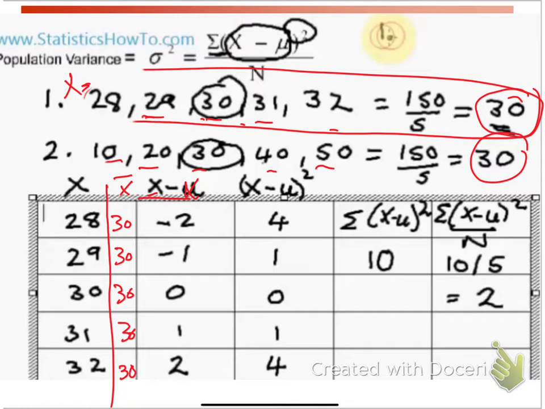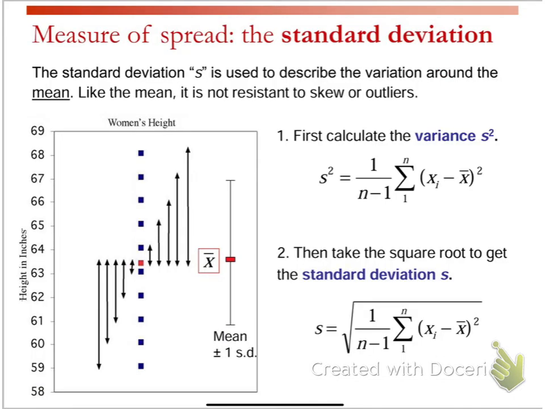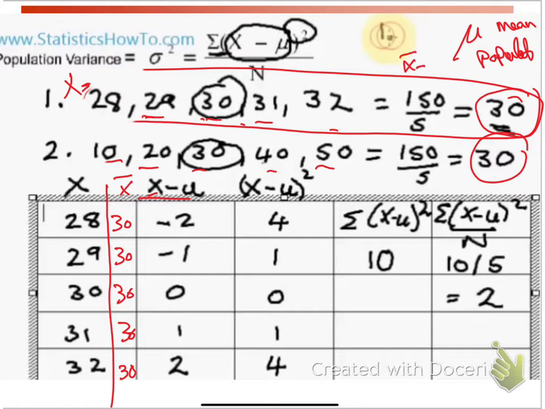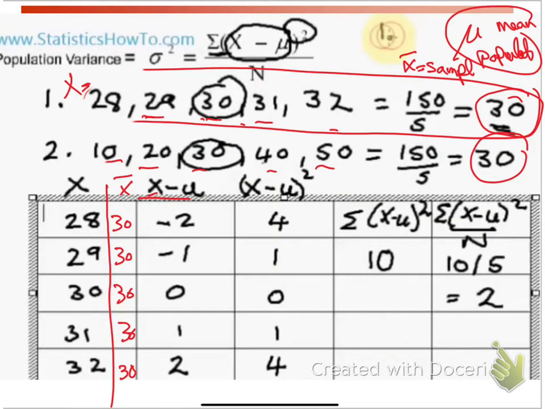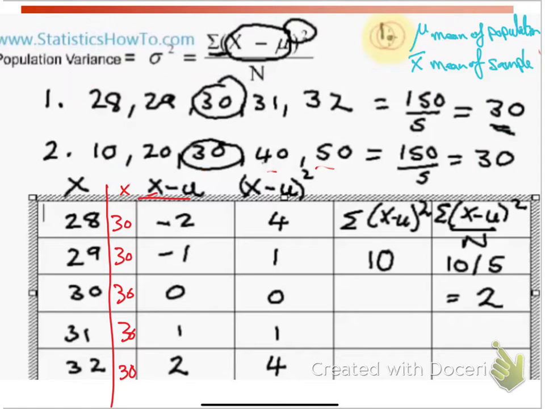We'll come to know the difference between mu and x bar, but for the time being, consider them the same. They are the same actually, but mu is the mean or the average of the population, and x bar is the mean of the sample.